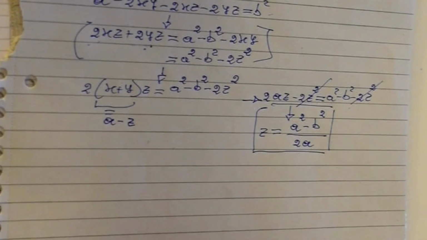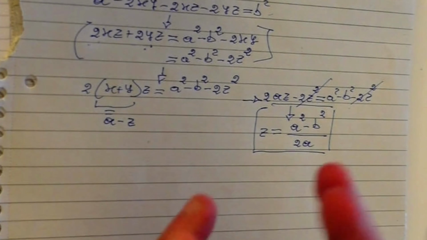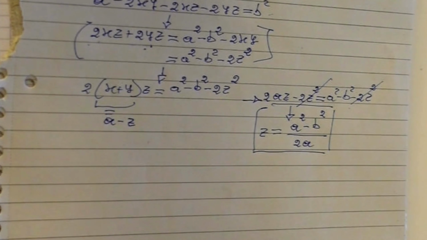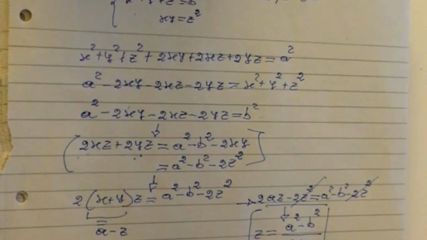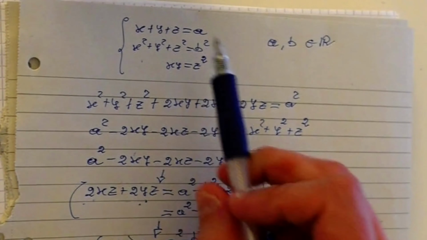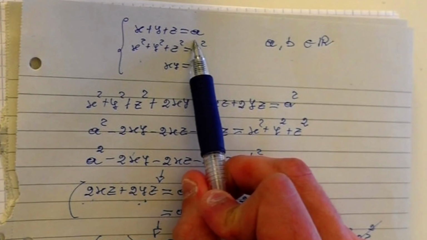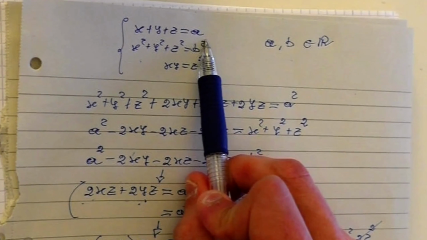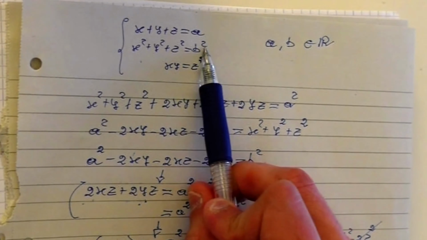So to identify under what condition z, x, and y are three positive and distinct solutions for real values of a and b, we notice that the first equation implies that a must be larger than 0, it must be positive.